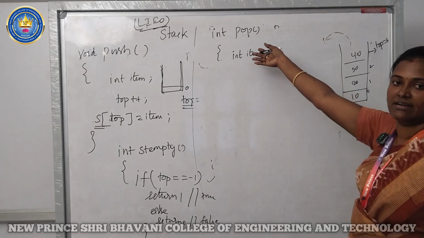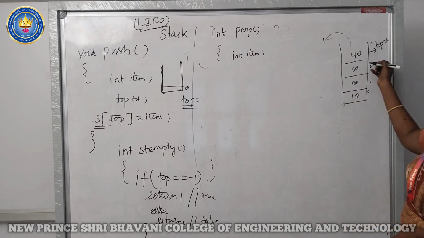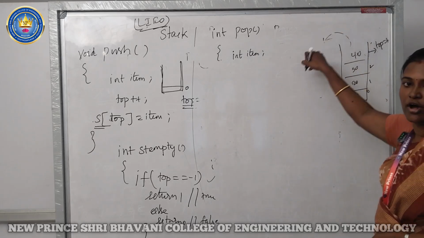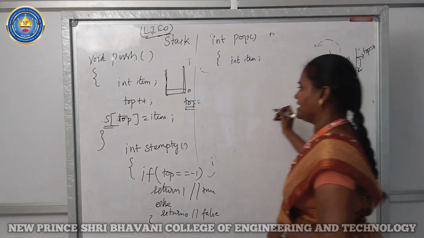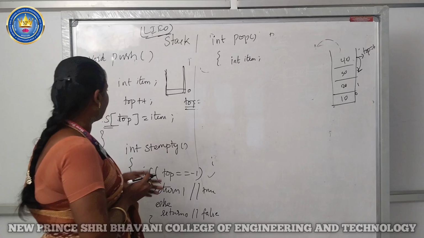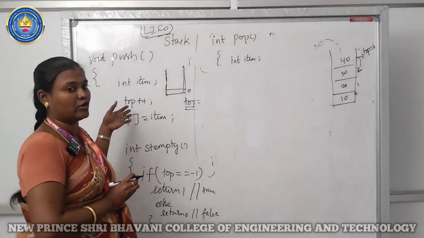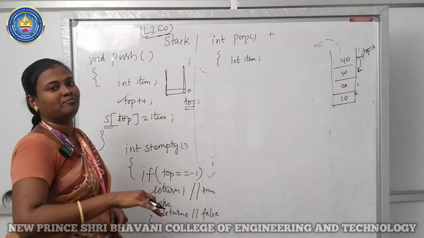Now we have to do the pop operation. How do we delete an element in a stack? The element where the top pointer is noted is popped, and then we decrement the top. In the push operation, the first line we wrote was top plus plus, to increment the top first. Here we have to perform the pop first.